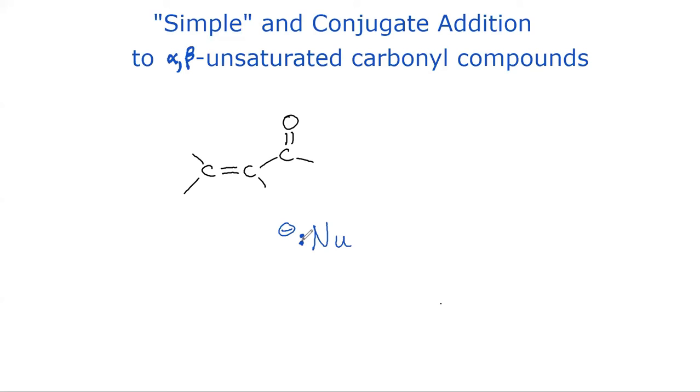All of these reactions are going to involve either the carbonyl or the beta carbon being electrophilic. So the alpha beta unsaturated carbonyl compound is electrophilic. Now, each of these needs electrophiles or electron acceptors. Nucleophiles, of course, are electron donors.